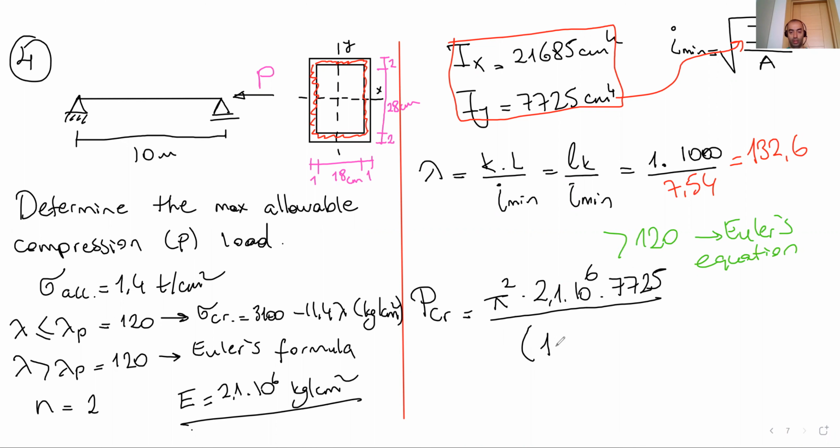So 1 times 10 squared. This is the buckling length. You know, K is the buckling coefficient. So here is the critical load. So here we're gonna have this one. Is this the maximum load?